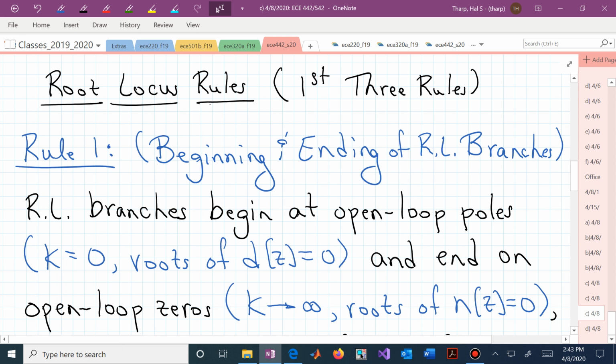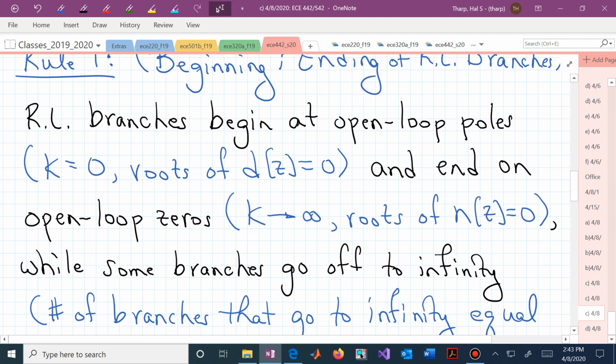That difference, we call it many different things. We'll call it the pole zero excess. We'll call it the number of zeros at infinity. That number, the number of zeros at infinity, are the branches of our root locus that go off to infinity. Let's say we had 5 poles and 2 finite zeros.